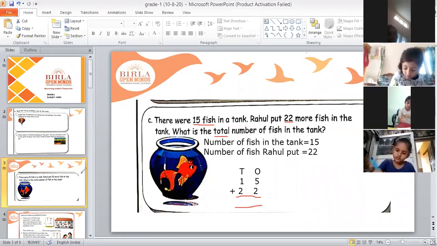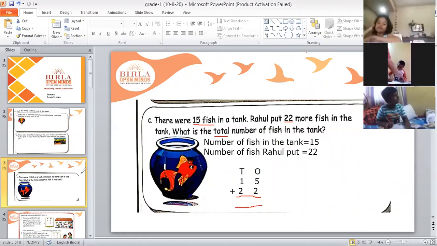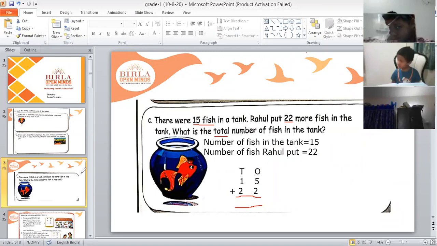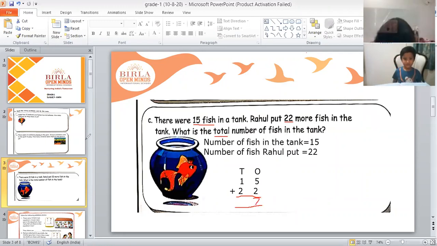Yes. So now we will add these numbers in ones place. In ones place, the numbers are 5 and 2. Ashwat Chakravarti, you tell me, 5 plus 2 how much? 7. Yes, that's correct. 5 plus 2 is 7, so we will write 7 in ones place. Now, 1 plus 2 how much? 1 plus 2 equals 3.